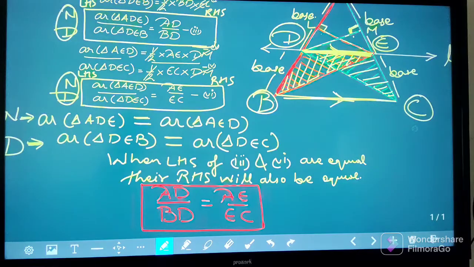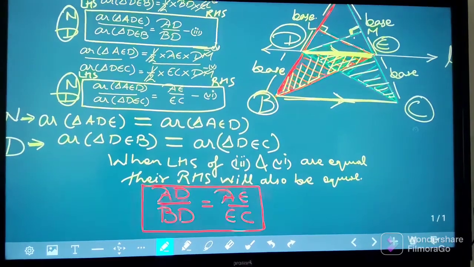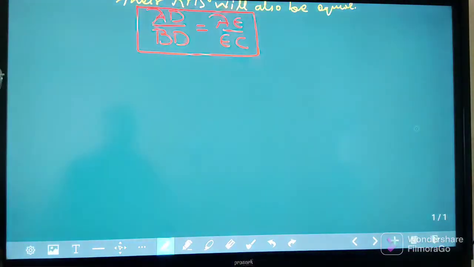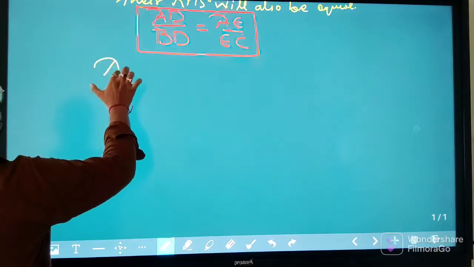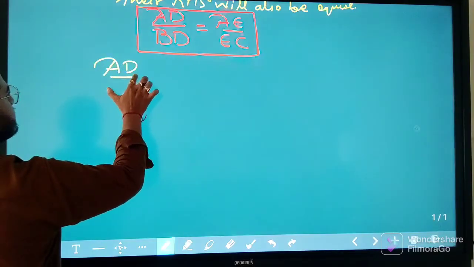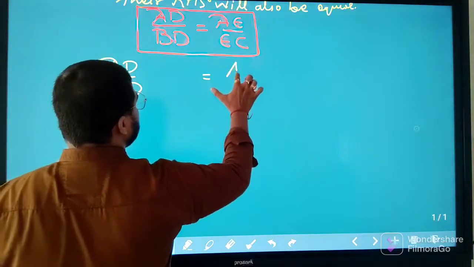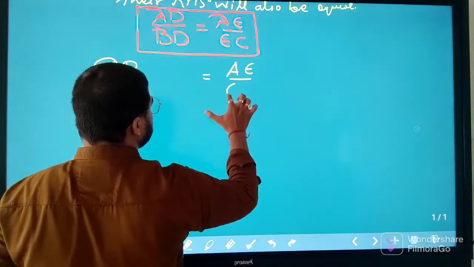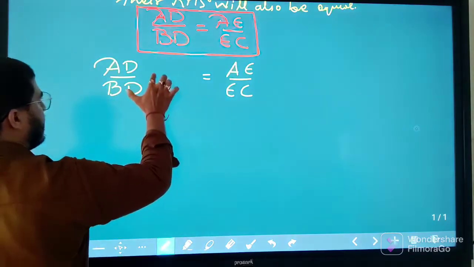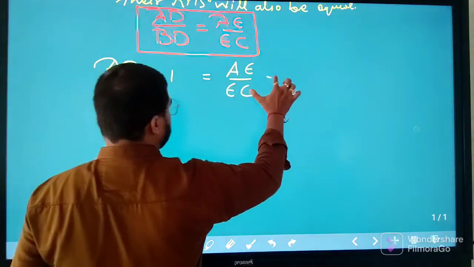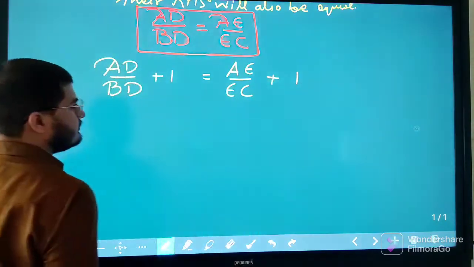Now there are some results associated with the Thales theorem. Some more results can be drawn out of it. Let us see them. We can say that AD upon BD is equal to AE upon EC. Am I right? Add 1 to both the sides, no harm is there.